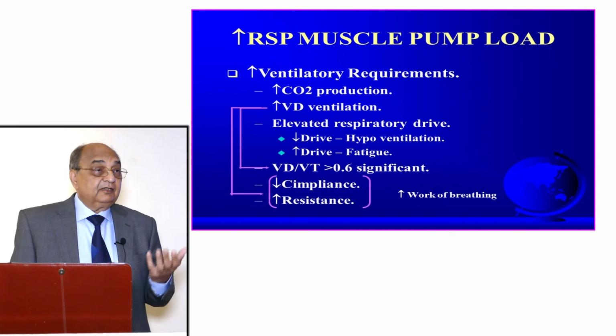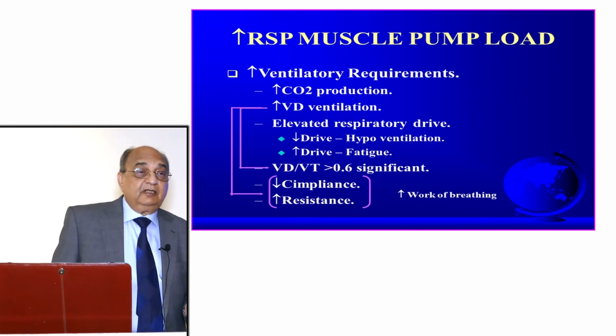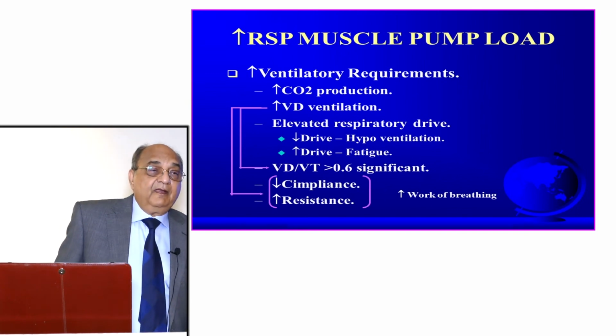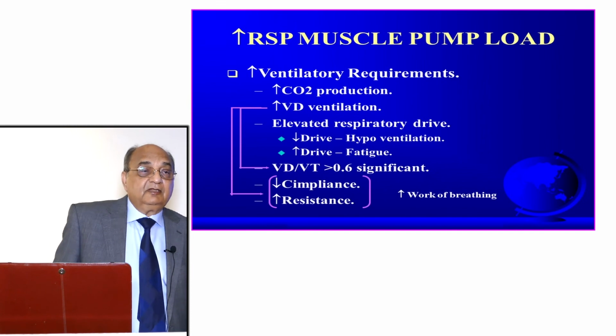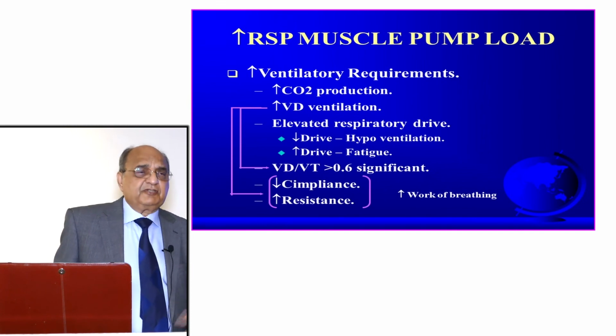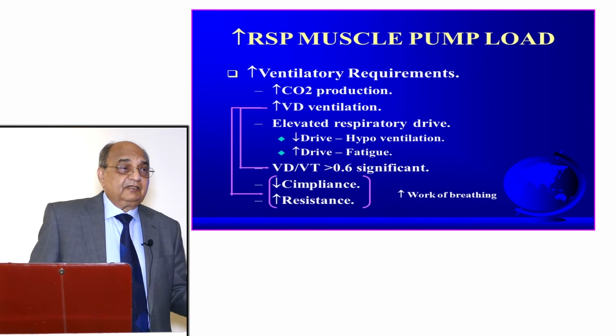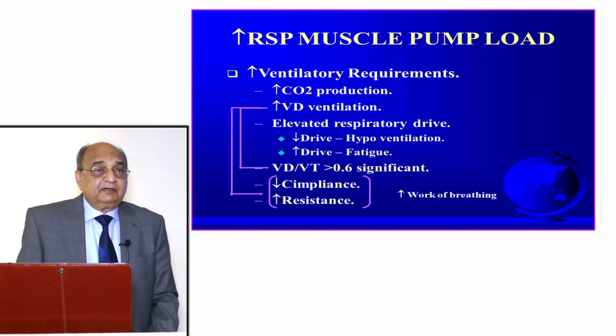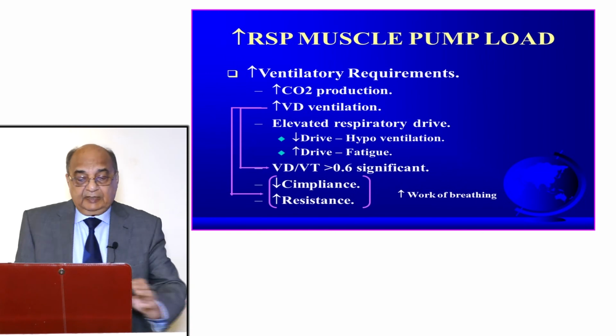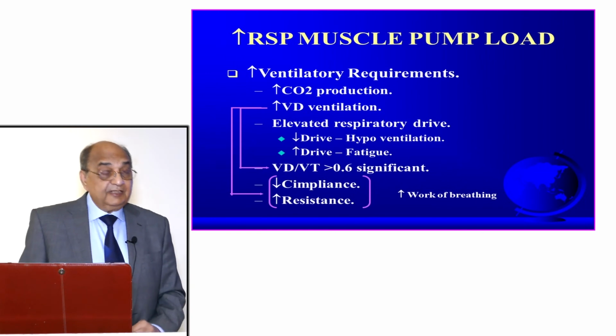Normally it is 30% anatomical dead space, and 66 to 70% is the space where the blood and gases come into contact with each other. So if it increases up to 0.6, it's very significant.